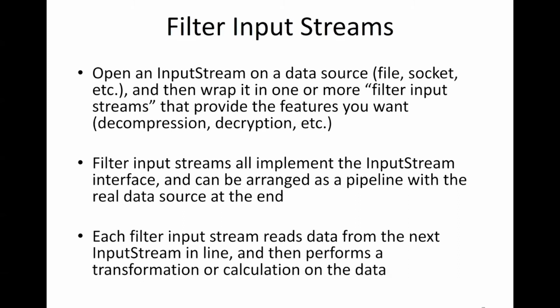And when you read out of the end of the decrypt input stream, you get the data from the file, but it's both unzipped and decrypted when you get it. So that's really convenient. So each input stream that is a subclass of filter input stream reads data from whatever is the next input stream in line.